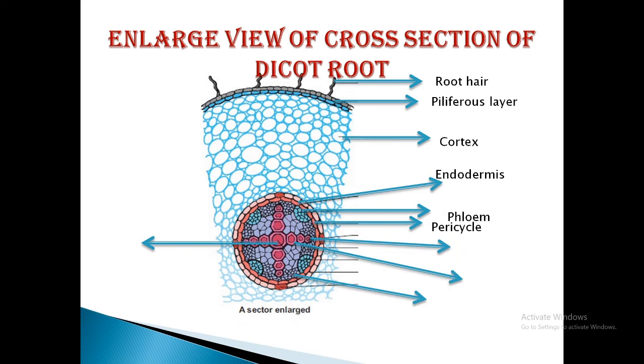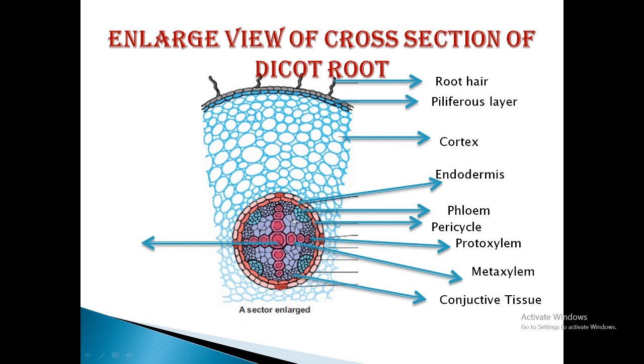So next is the vascular system. Protoxylem is present, metaxylem is present, and the conjunctive tissue is also present. Where are the protoxylem, phloem and metaxylem present? Phloem is present in between the xylem bands. This blue band is the phloem region.